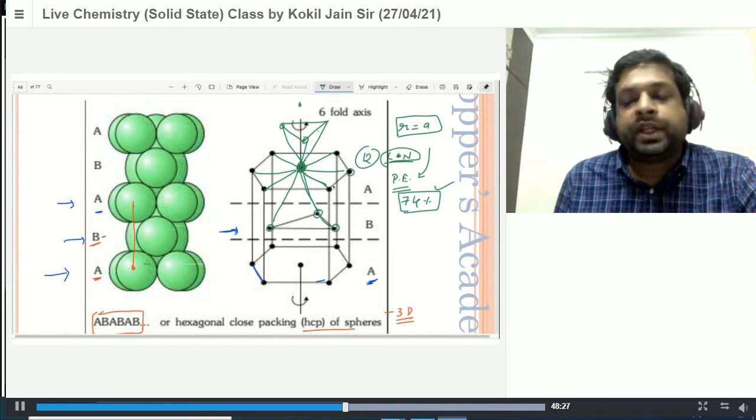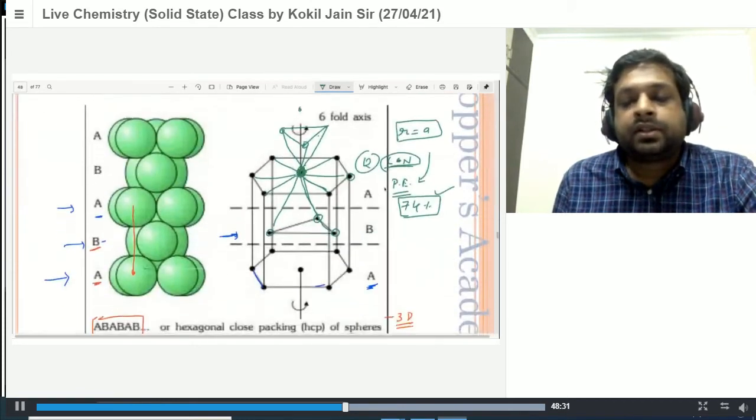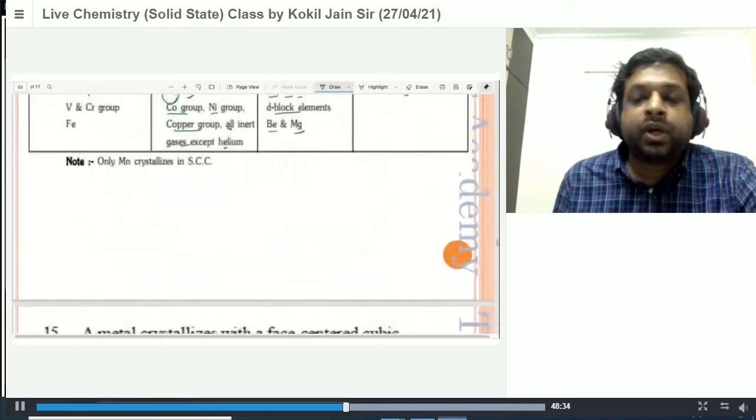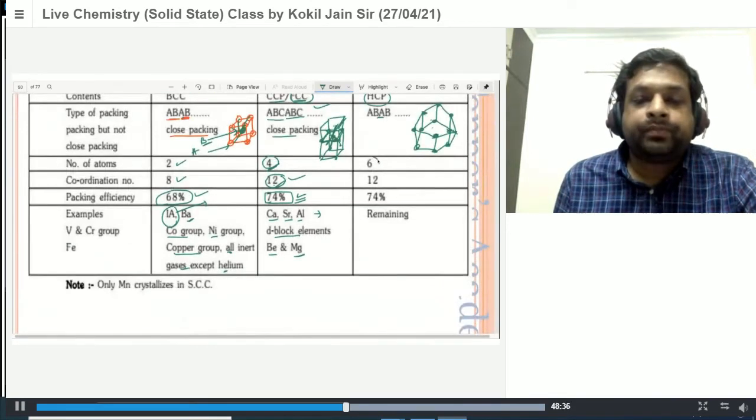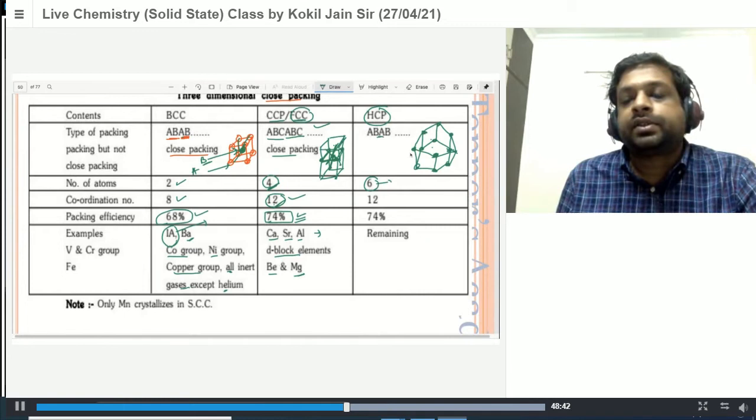And you will get that effectively there are 6 coordination numbers here. Number of atoms per unit cell here is 6. Try to see how we calculate this type of arrangement.